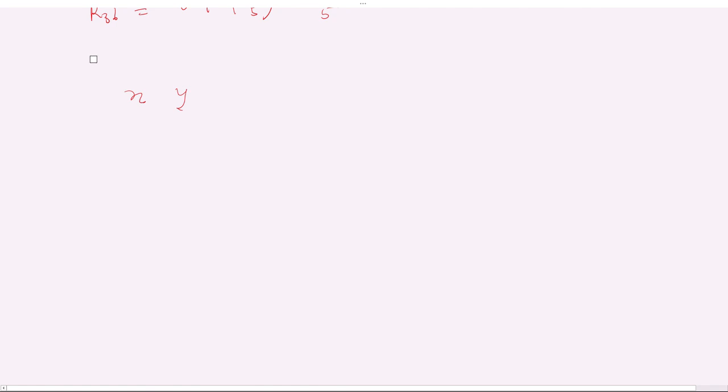So this is x, y, s1, s2. Then we need z. Then we need the constant side, which is k.